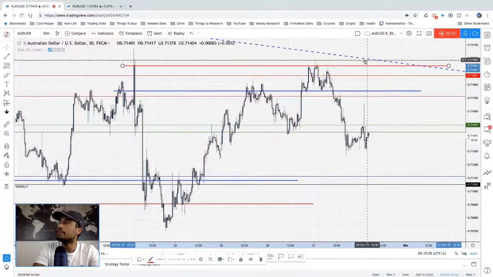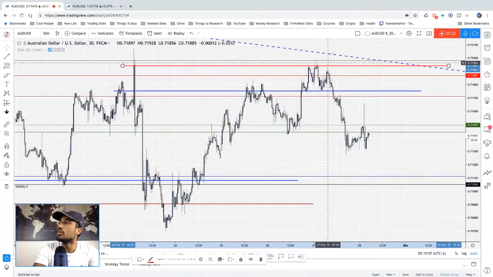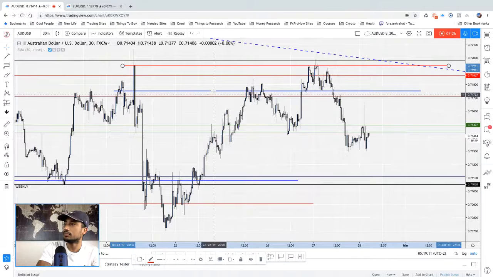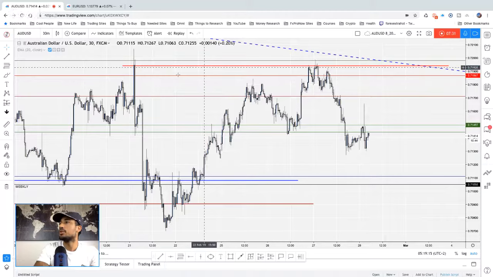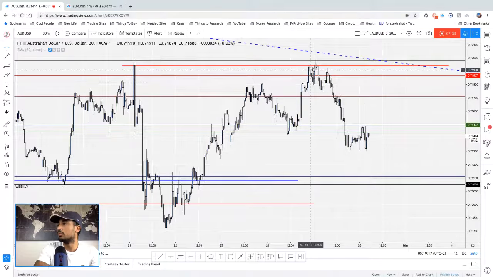So I need to make sure price does not close over this level of resistance based upon this M30 time frame. Beautiful, man. This is good. As you can see, we have boom, boom, test, test. Same exact area, okay? So what I'll be looking for is my stop loss.